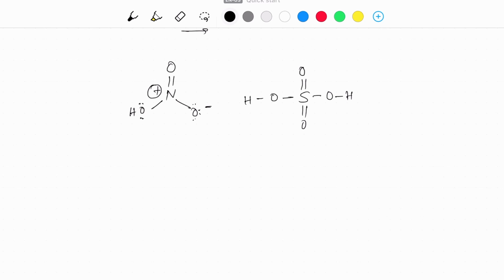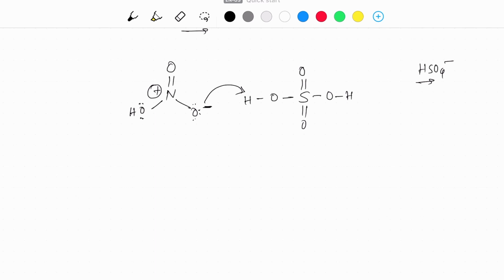Now when you mix them together, you might actually think that okay, it has a negative charge here, so it has electrons to give away, so probably this will pull this hydrogen away. By the way, sulfuric acid is actually a stronger acid than nitric acid, because the conjugate base, which is this HSO4 minus, is much more resonance stable than the conjugate base of nitric acid.